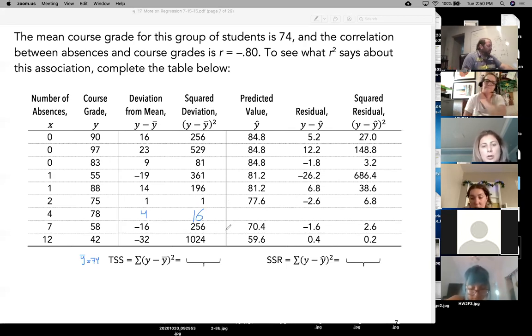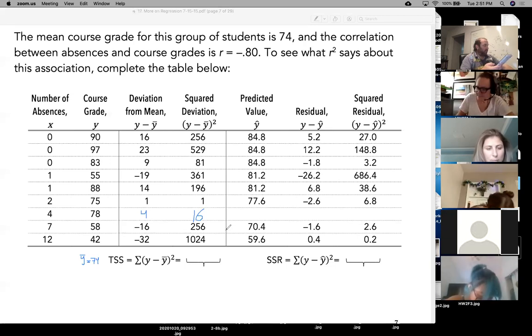So let's take out our calculator and do the same thing that we did for the other one. Let's add these numbers all together. 256 plus 529 plus 81 plus 361 plus 196 plus 1.